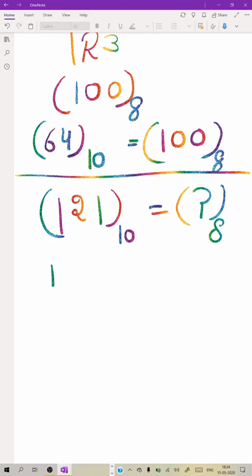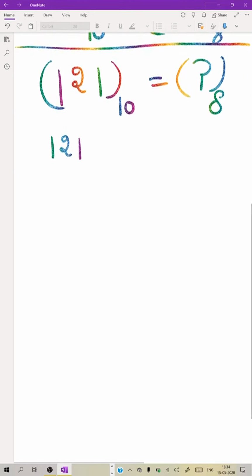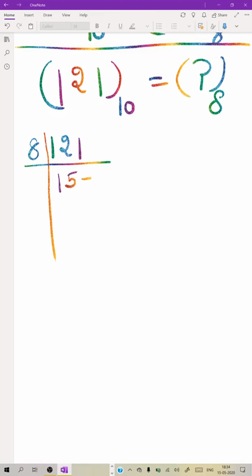So just write down 121 and use the divide method here. 8 1s are 8, remainder 4. 8 5s are 40, remainder 1. Again you can divide. 8 1s are 8, and 15 minus 8 is 7.